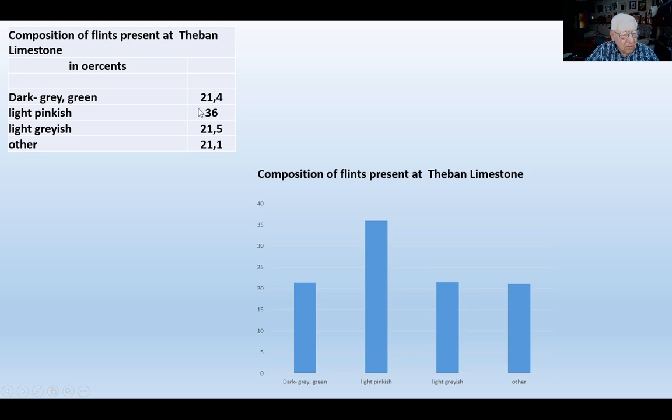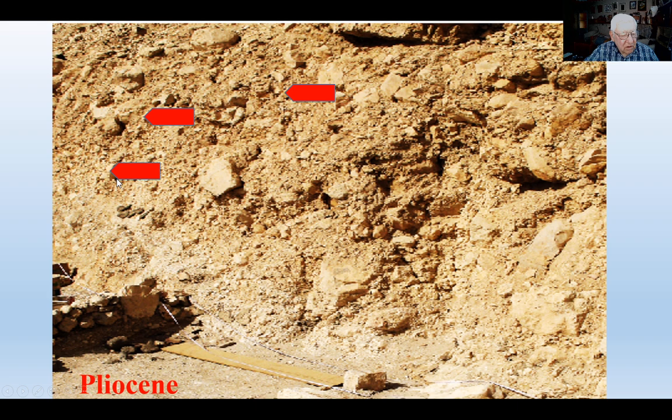So the main flints are of pinkish color. This is a diagram showing the presence. This, of course, is the composition at primary position. This means in the Eocene, and at secondary position, all these types are mixed.